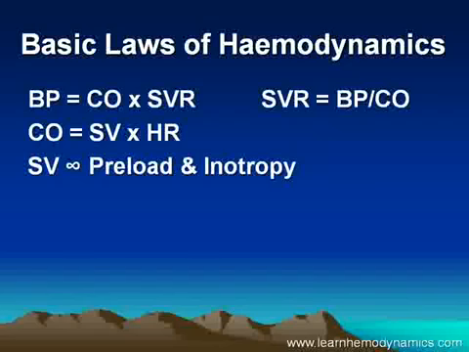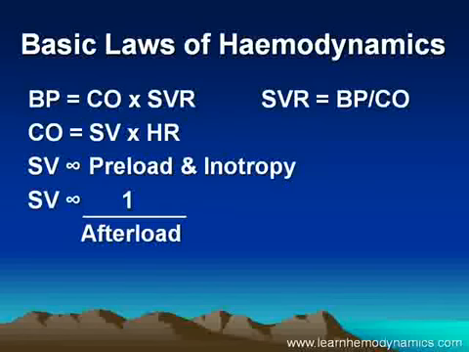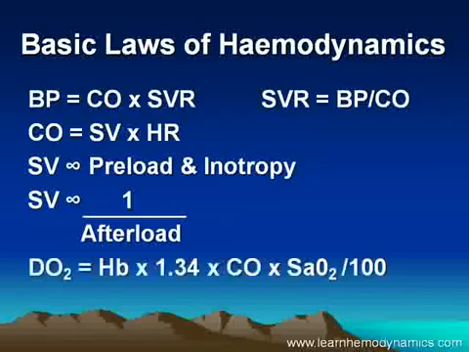Stroke volume is proportional to the preload and the inotropy. If preload goes up, or inotropy goes up, then stroke volume will also go up, and vice versa. Stroke volume is inversely proportional to the afterload. If the afterload on the heart increases, then stroke volume will tend to go down. Conversely, reducing afterload increases stroke volume.